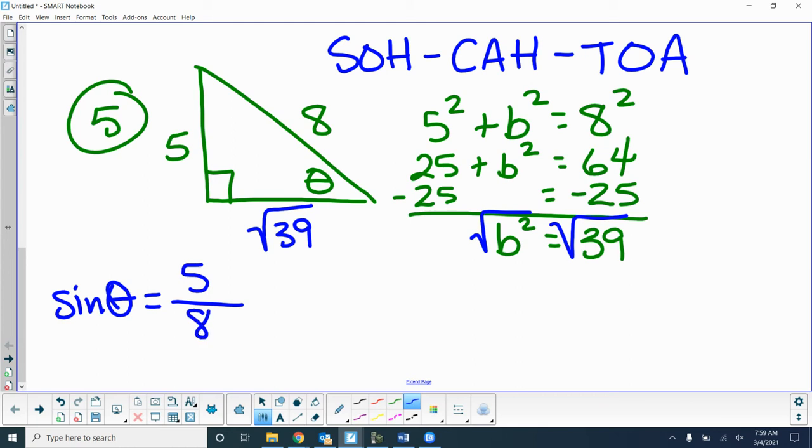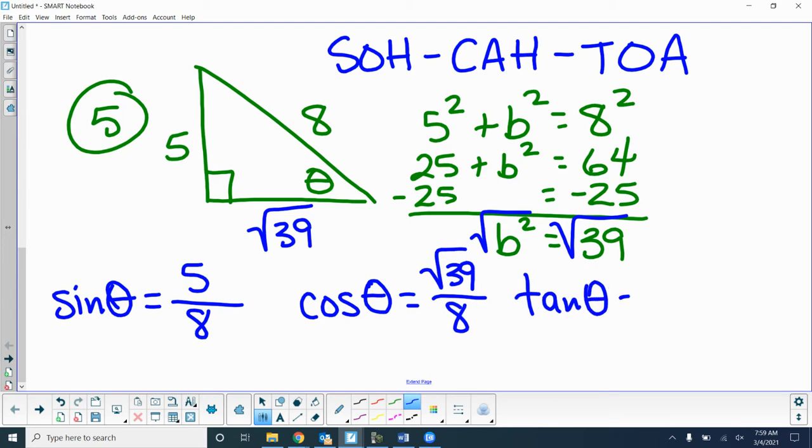Hypotenuse is the 8. Cosine, adjacent, square root of 39, over hypotenuse, 8. Tangent, TOA, opposite 5 over adjacent, square root of 39.